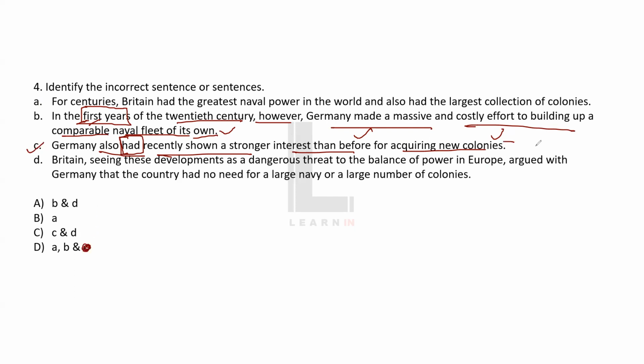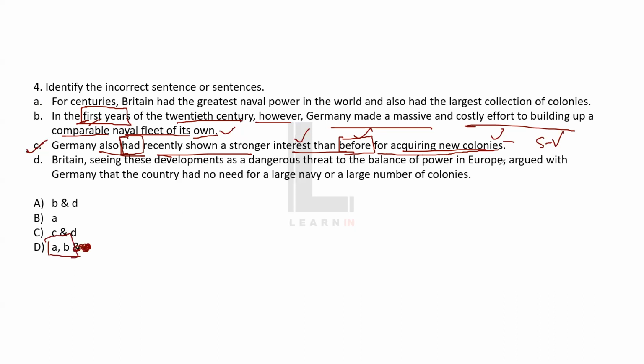Okay, let me check it once more. Subject verb also had recently shown a strong interest than before for acquiring new colonies. हाँ, had ही आएगा. ठीक है. C is wrong, right? A and B are wrong.